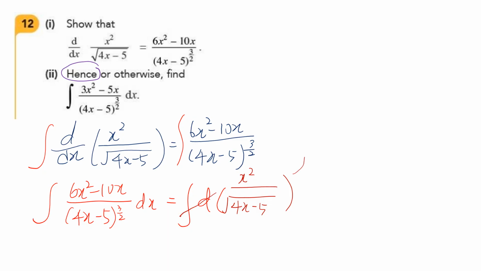Right, and then the next step is, if you look at it carefully, 6x squared minus 10x, I can actually factorize my 2 out. Take out the 2, pull it out of the integral sign to get 3x squared minus 5x over.